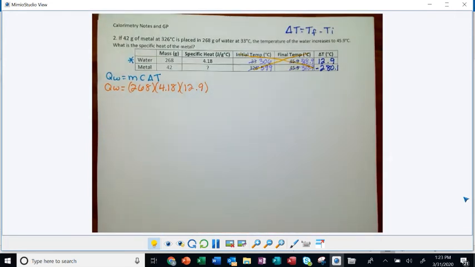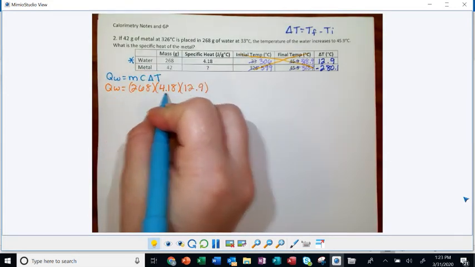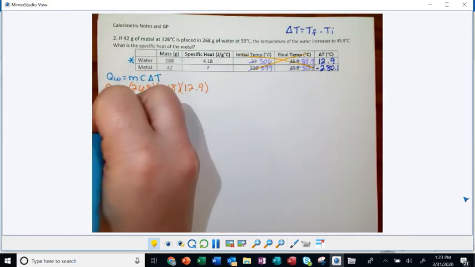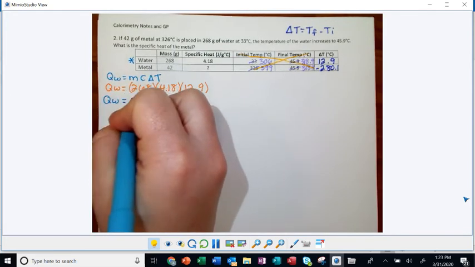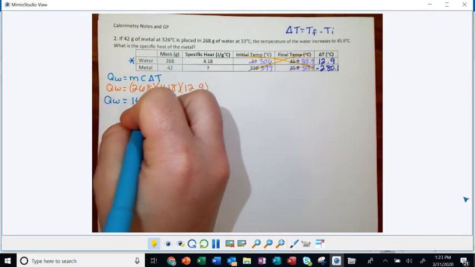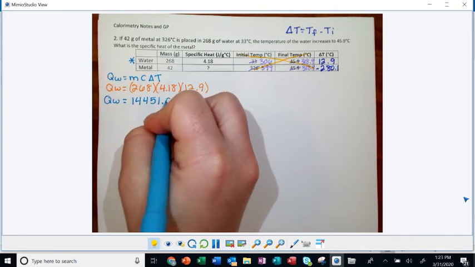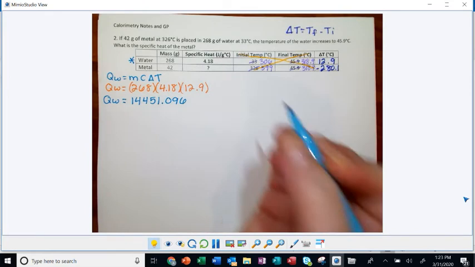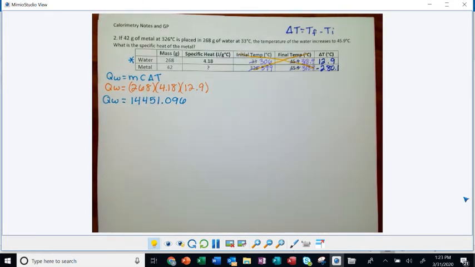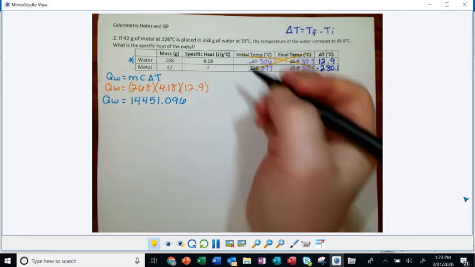We're going to plug these three numbers into our calculator and multiply them all together. And when you do that, you get Q for your water to equal 14,451.096.